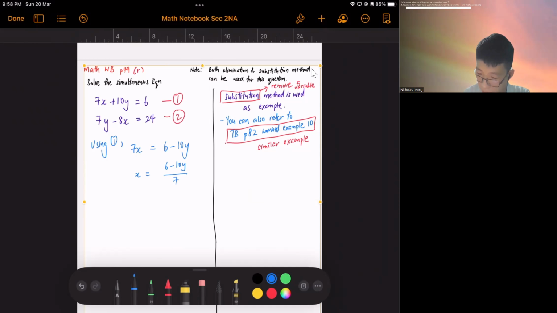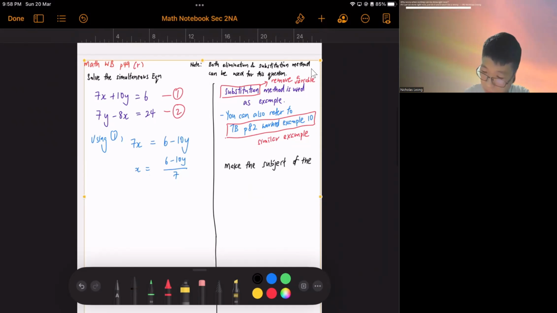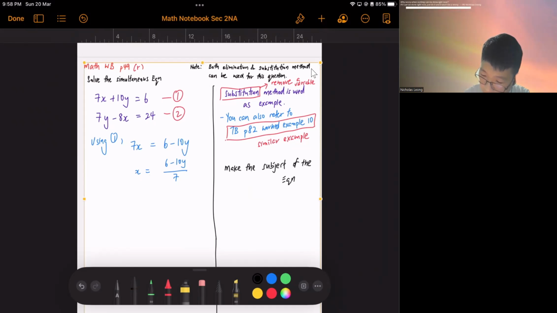So in this step, what am I trying to do? I'm trying to make x the subject of the equation. Making x the subject means I'm trying to make x equal to something in terms of y.